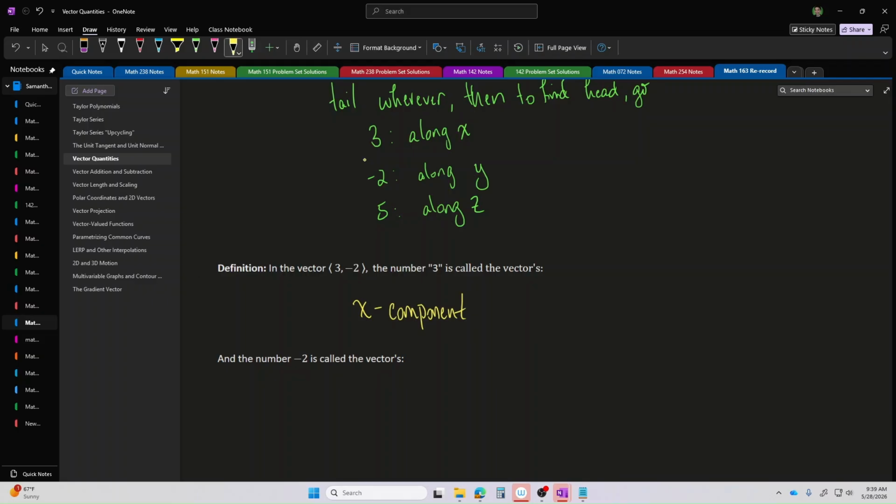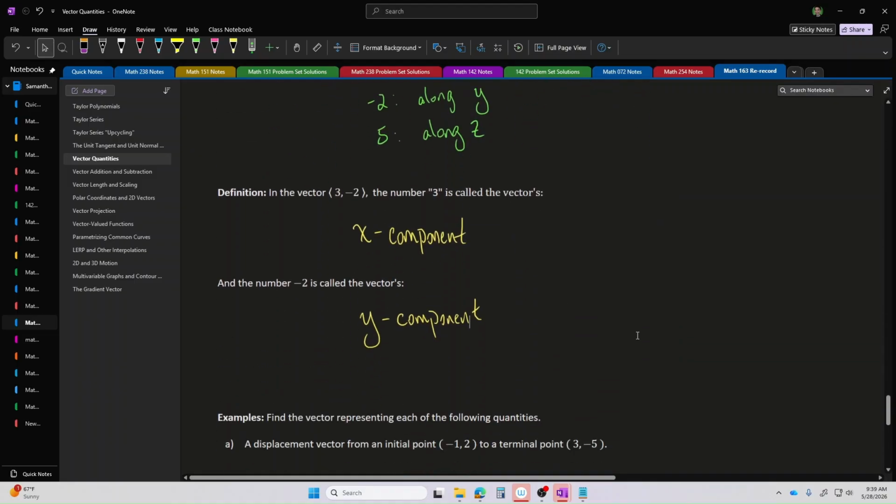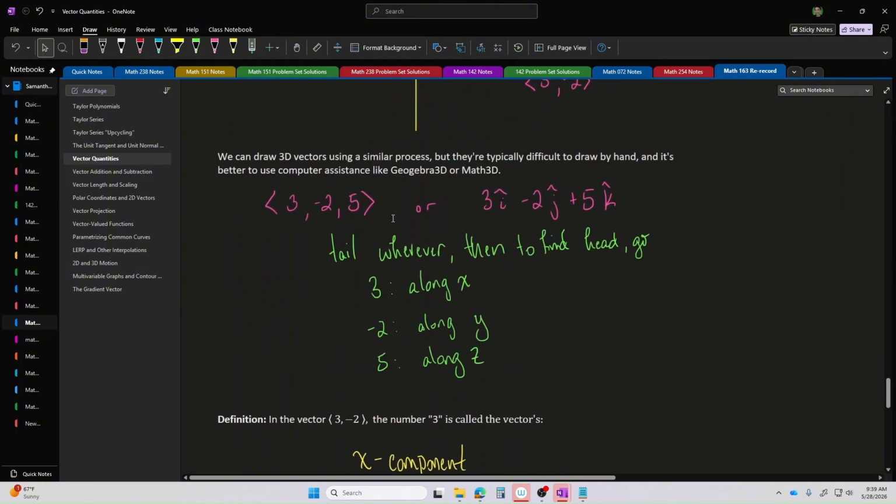And this number -2 in the second position is called the vector's y component. And then if you're dealing with a three-dimensional vector, you might also have a z component. For example, here the z component is 5. So when you refer to the components of a vector, the x component, the y component, and maybe the z component, then you're talking about the entries of the vector in these angle brackets, the numbers 3, -2, and perhaps 5.